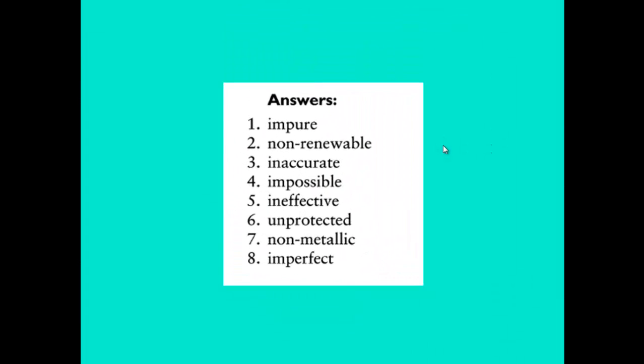So the first space is impure. Why? Because the sentence says iron ore is an impure form of the metal iron. 2. Coal is an example of a non-renewable resource. 3.